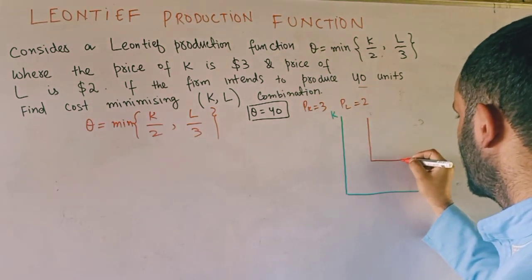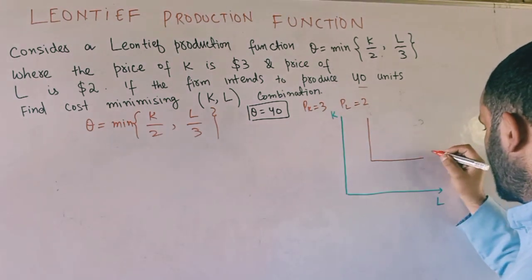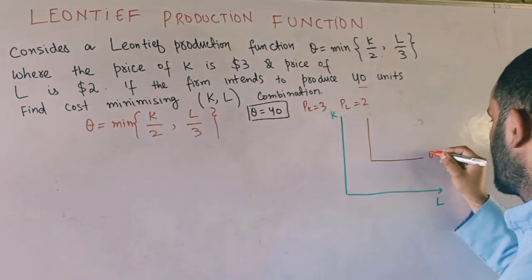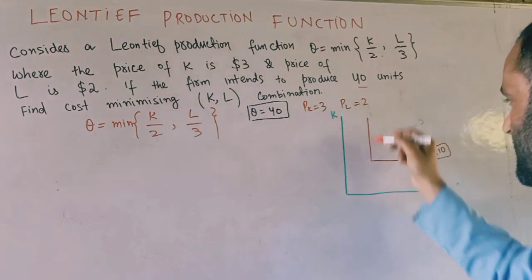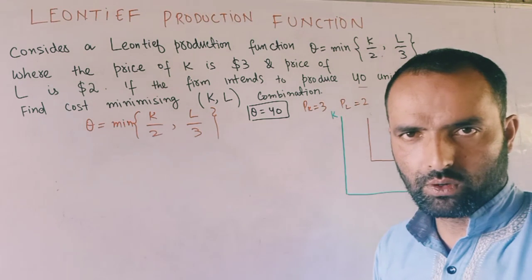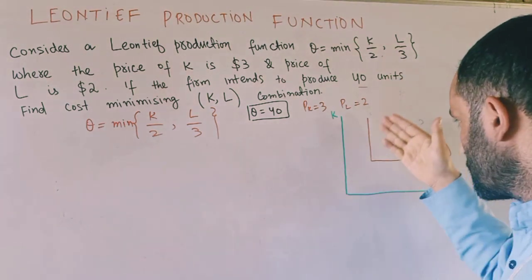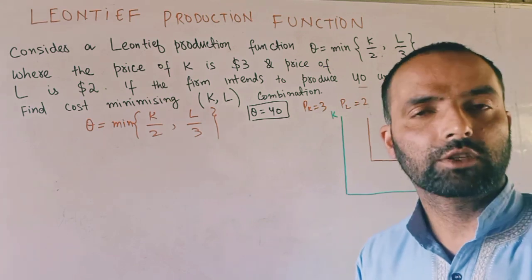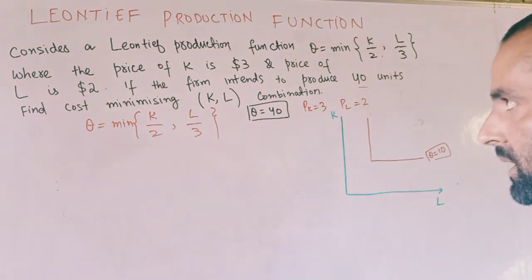Sorry, the L-shaped isoquant will be here. Let us say it corresponds to Q is equal to 10 units. Given this production isoquant, we are trying to minimize our cost. We are supposed to find out the cost minimizing combinations of capital and labor.